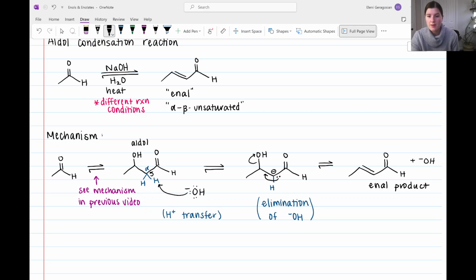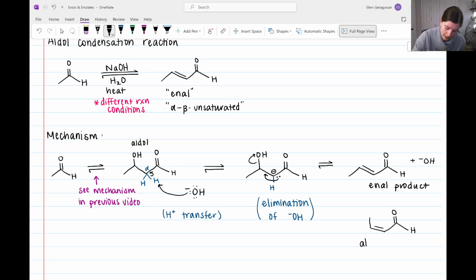Now you might remember that if we're forming a pi bond, in this case we could also form the cis version of the pi bond. So that would be this product here. So we have a Z alkene as opposed to an E alkene.